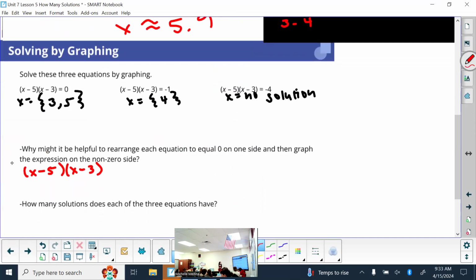So if I were to graph, say something like this, say graphing this expression is helpful because you can see the U shape.